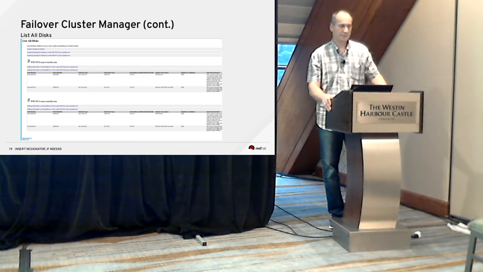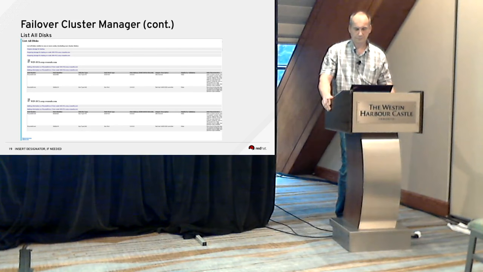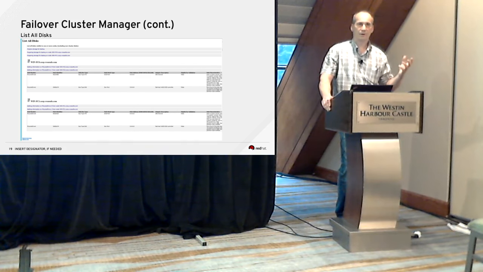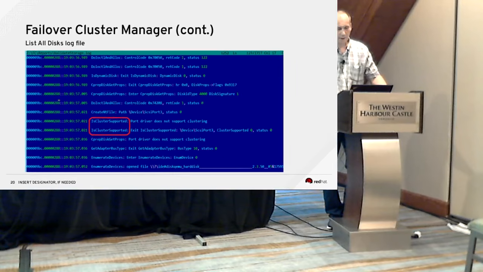The next step was part of the storage validation test, and at that stage the cluster manager tries to figure out if the disk attached to the HBA is eligible to be used for clustering.